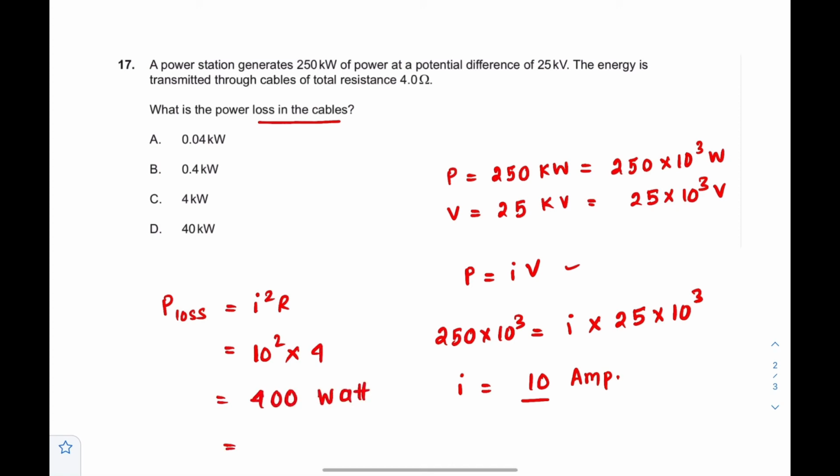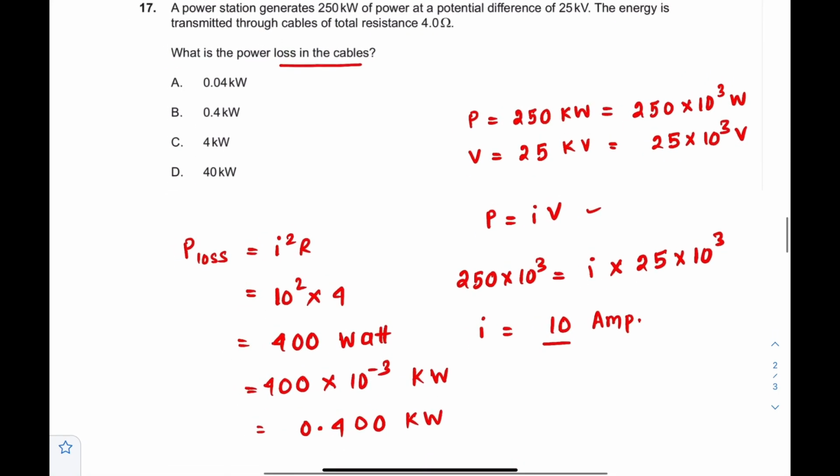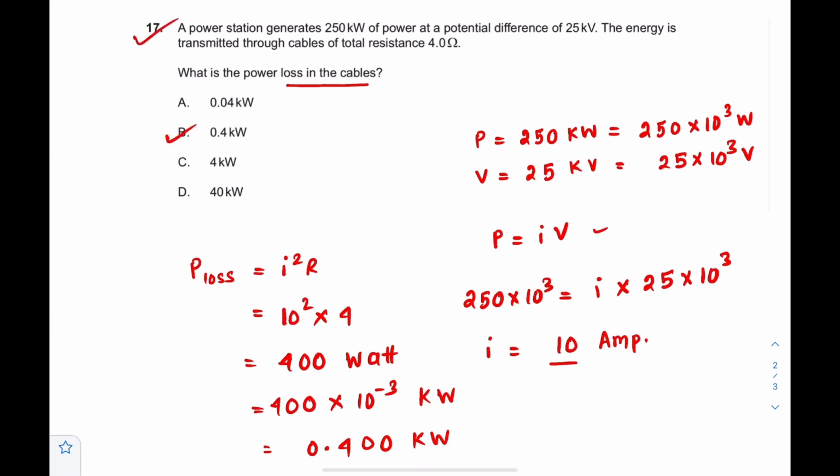So 400 into 10 to the power minus 3 kilowatt, so over here this will be equal to 0.400 kilowatt. Which option matches? Option number B. So the answer to question number 17 is option number B.